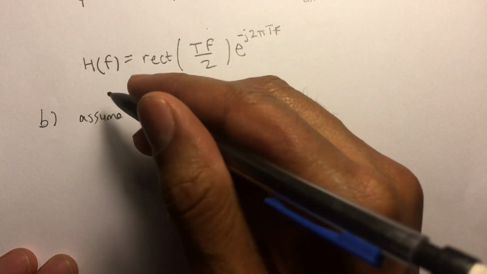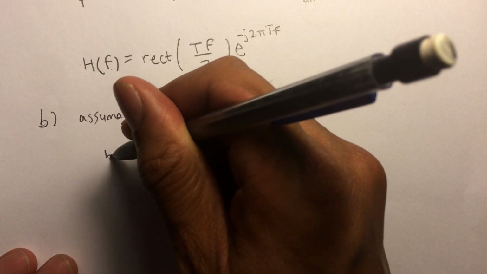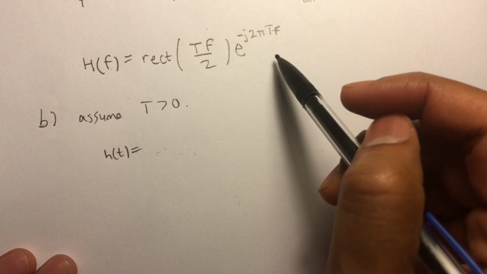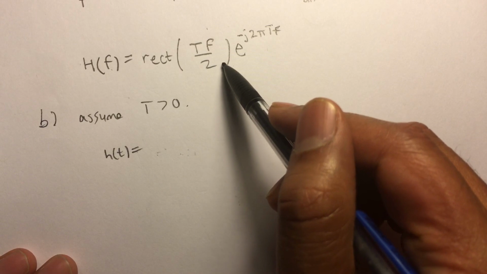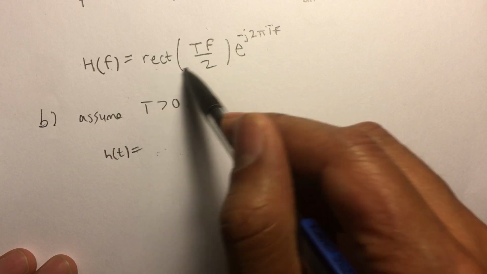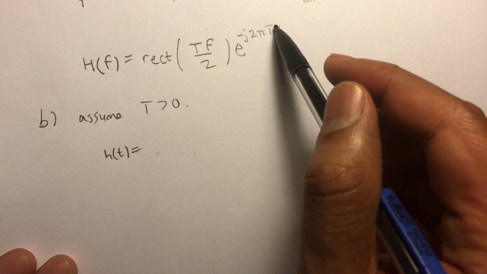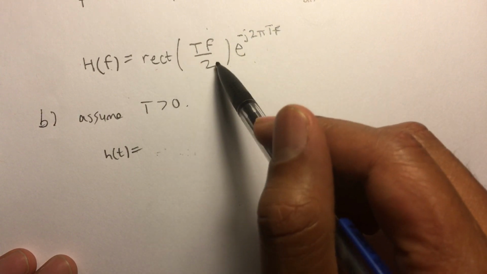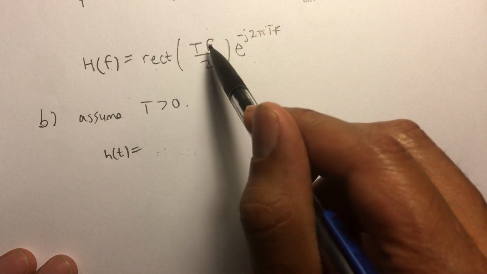So h of t is the inverse Fourier transform of this. If we work that out, this is actually the combination of two properties. You have a complex exponential here, which is going to shift, right? And then you also have scaling.